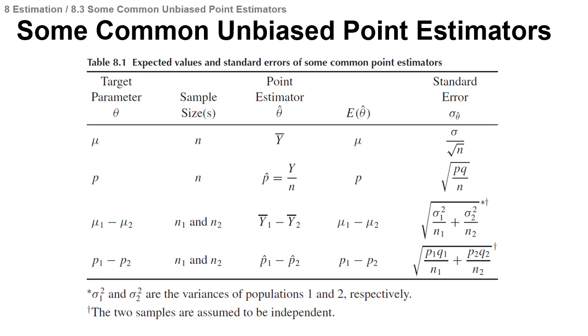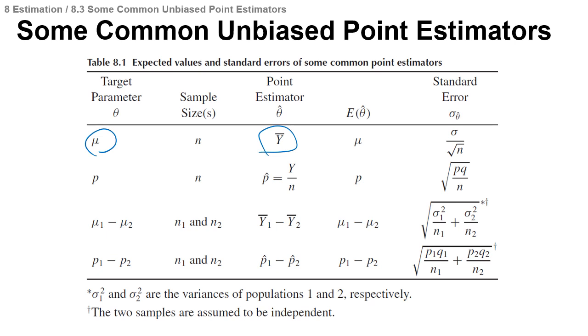So for the target parameter mu, we use the point estimator Y bar. So if you take n samples and want to estimate the population mean, then you use Y bar as your point estimator.